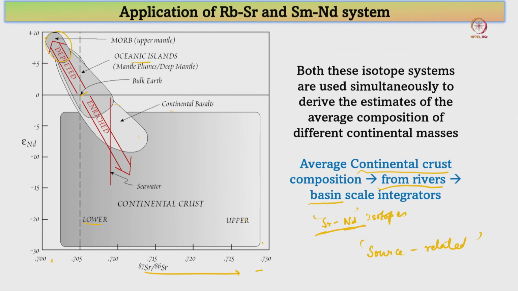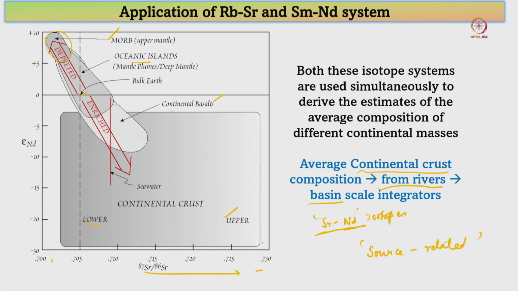For instance, how much of it is coming from the MORB, how much is coming from the upper crust, and where it is mixing with some continental basalts that are also providing some of the signals. Rivers being the integrators, they are going to give us a lot of integrated signals.